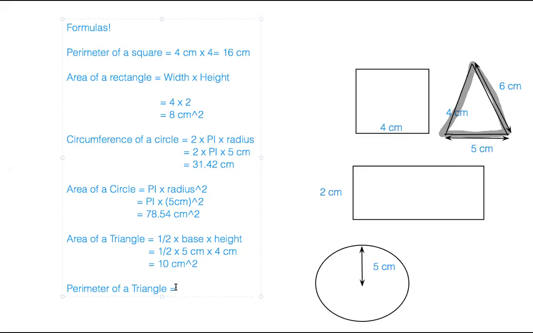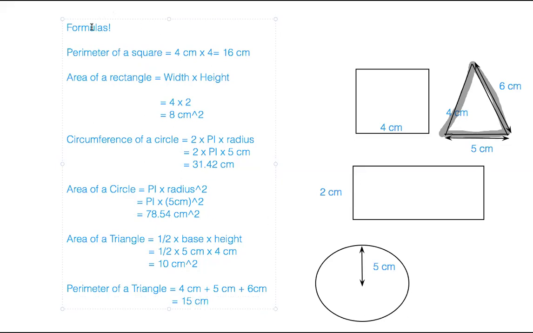What must you do to find the perimeter? 4 cm plus 5 cm plus 6. Correct. So all together that is how many cm? 15 cm.